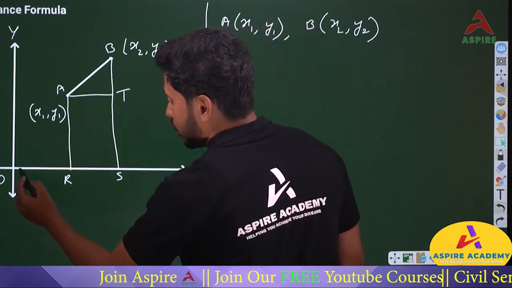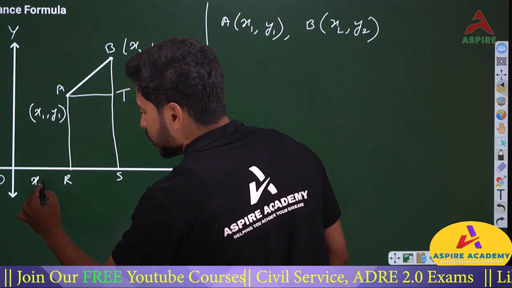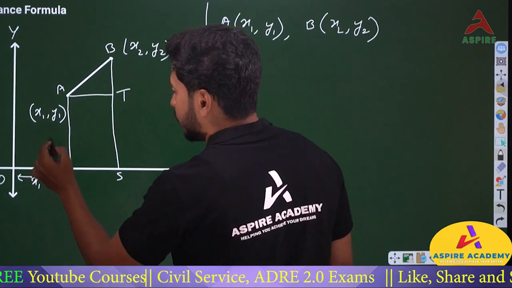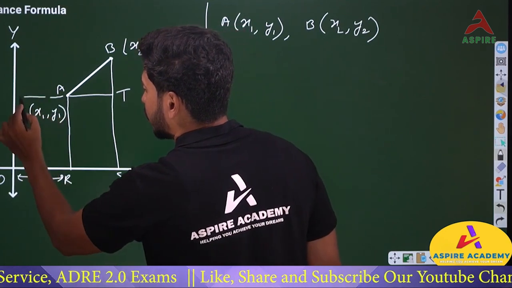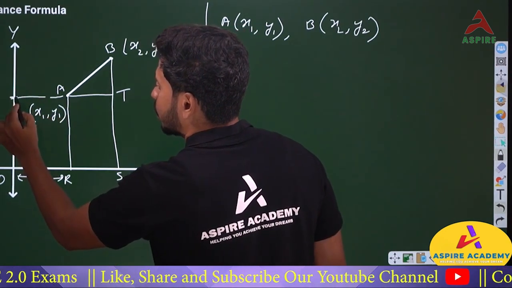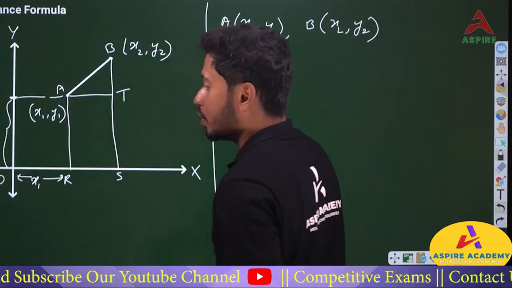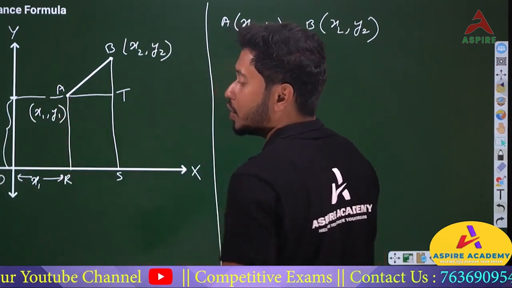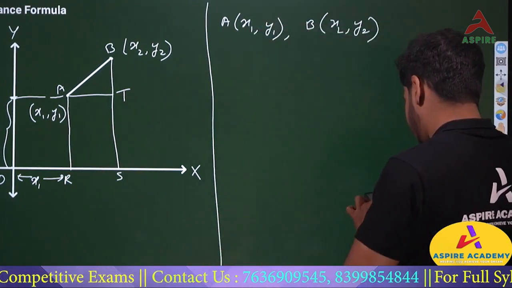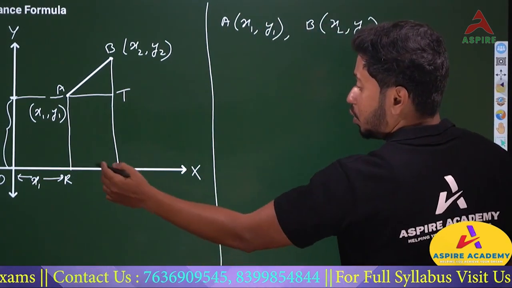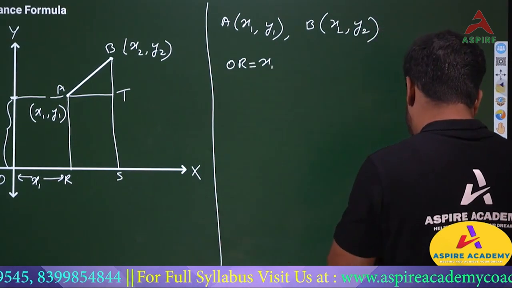So from O to R, this is x1, right? And from R to A, this is y1. That is why the location of this point is x1, y1. So we can say here that OR equal to x1.